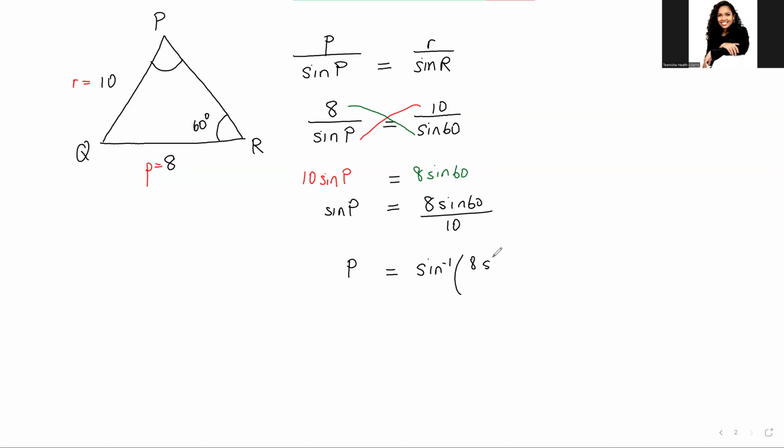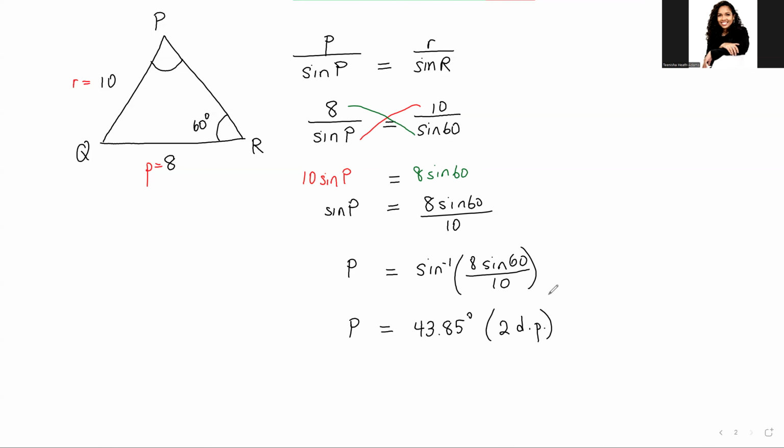Just like with regular trig, when you're trying to find an angle, you use the inverse trig function. Same thing with the sine rule. So we do sine inverse of 8 sine 60 divided by 10, and you're going to get 43.85 degrees. So angle P is equal to 43.85 degrees, and I took that to 2 decimal places.